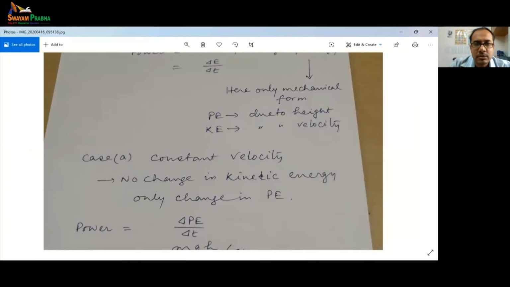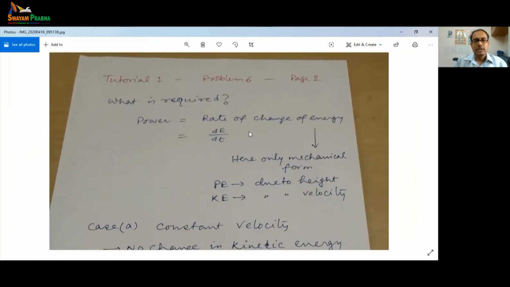So what is required? First thing, it asks for power. The definition of power is the rate of change of energy, right? So we can say delta E, which is the change of energy, divided by the time, delta T. Here we see that it either goes up or down, so you have some potential energy change due to height, and it also changes its velocity, so you have a change in kinetic energy as well.